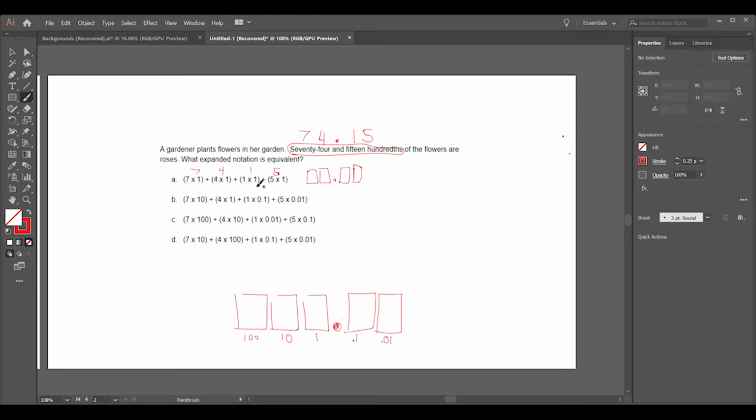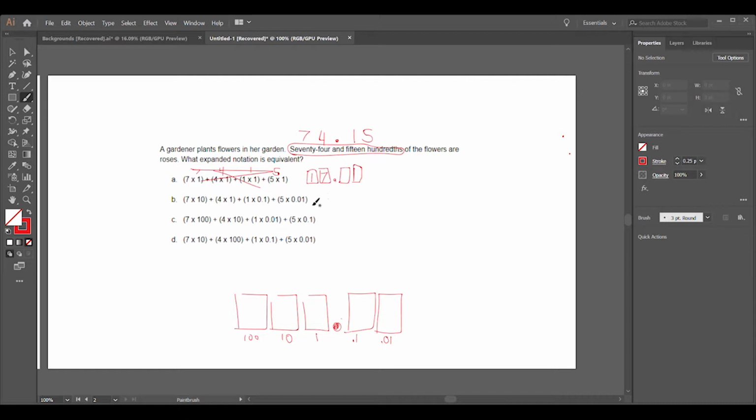And if you look here, we're adding all these numbers together. That makes 17, just the number 17. Definitely not our 74 and 1500ths. So I know immediately that that is not going to be my answer, so I'm going to scratch that out.